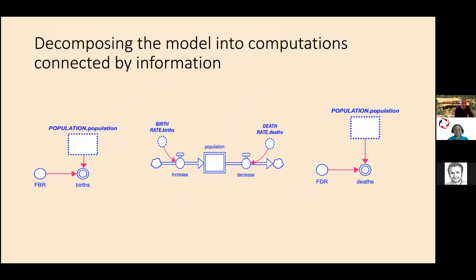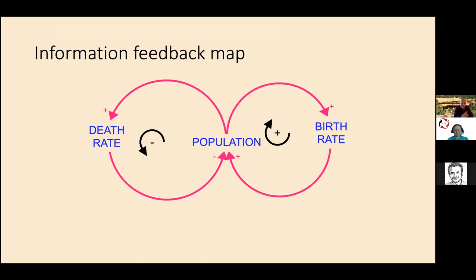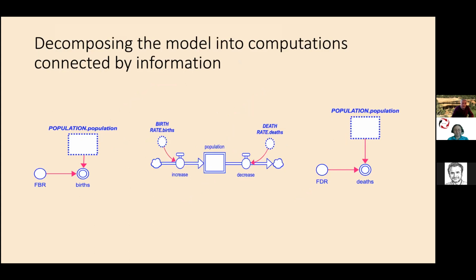I tried to draw a map, a computational map of each one of these three variables in Stella. And so I have births here. This is the birth calculation sector. That's what I call it. Births are a function of population and fraction birth rate.